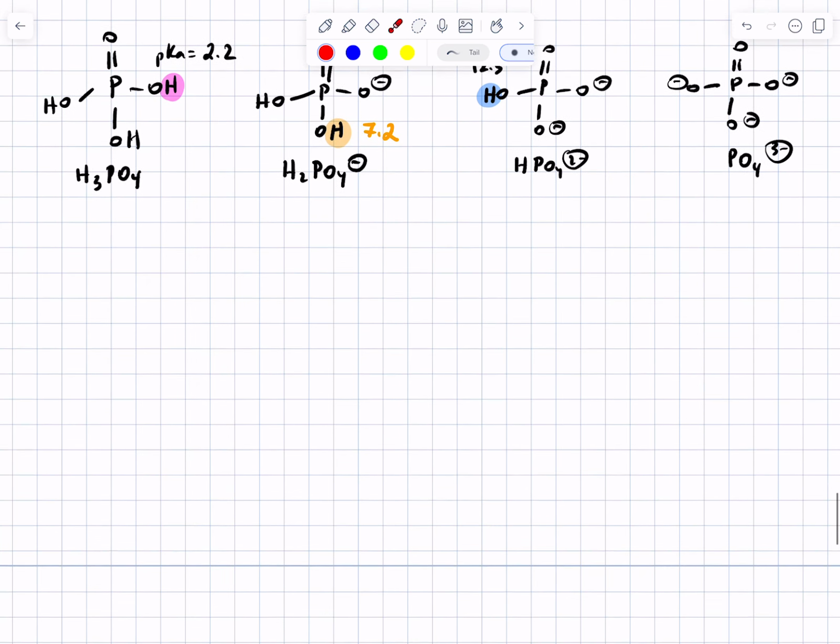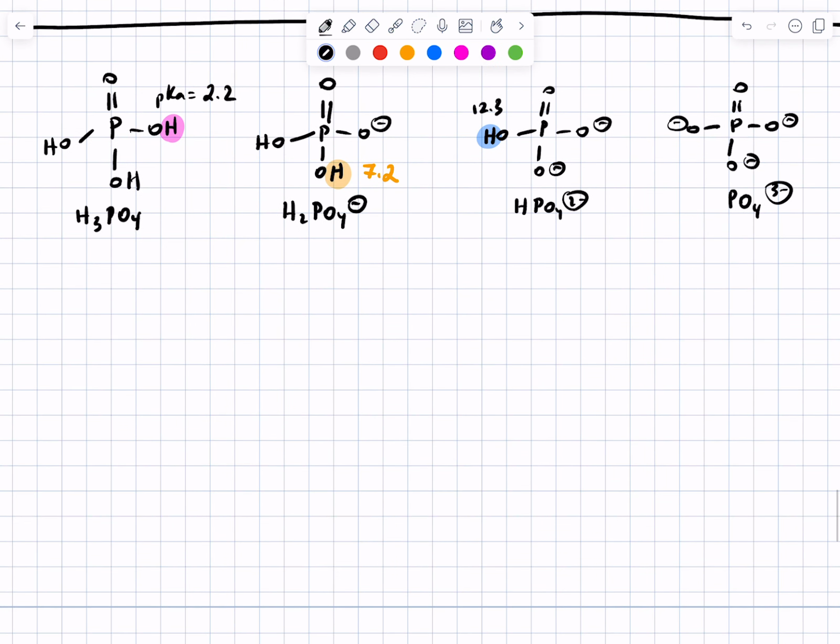Okay? So why do we care about this? For a couple of reasons. It can tell us sort of what to expect when we're looking at biological molecules. So for example, what I'm going to draw for you here is glucose 6-phosphate, which is an intermediate in the metabolism of glucose through the process called glycolysis.